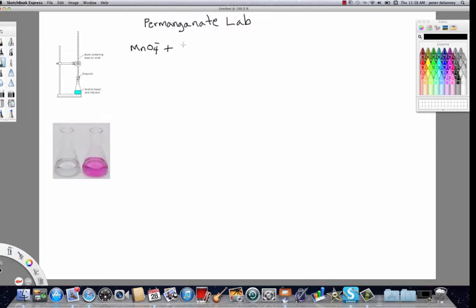In this case, we're going to look at this from the point of view of the laboratory that deals with the reaction of permanganate and iron plus 2. And this is the balanced net ionic equation for this reaction, which I demonstrated in a previous video.